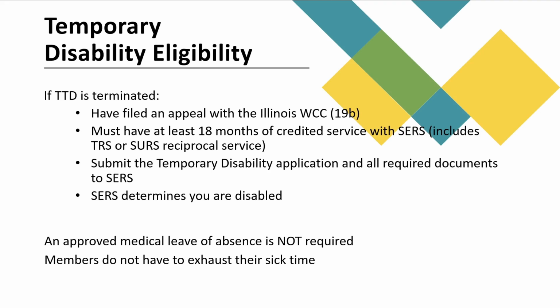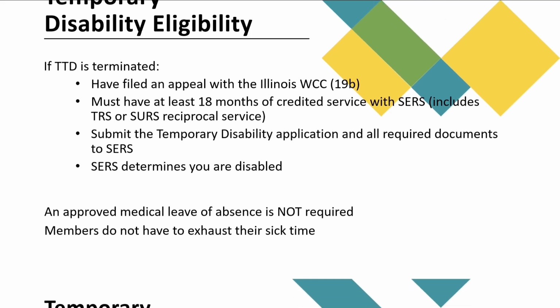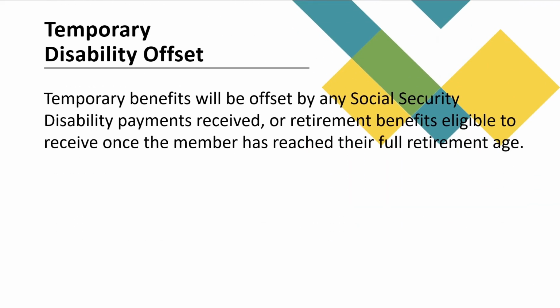Submit the temporary disability packet and all required documents to SCRS, and SCRS determines if you are disabled. Temporary disability benefits will be offset by any Social Security disability payments received or retirement benefits eligible to receive once the member has reached their full retirement age.